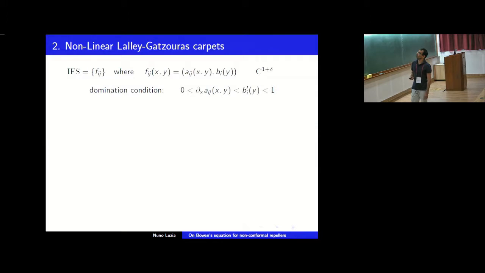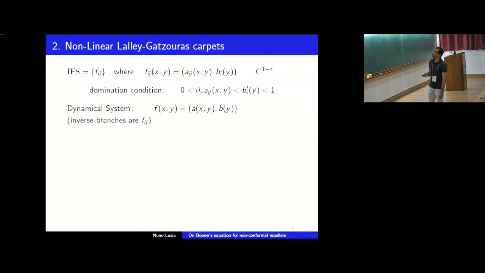And now the combination condition reads as this, okay? So in the x direction, which is horizontal, the contraction is bigger than in the vertical direction. So you can also speak in terms of dynamical systems, okay?